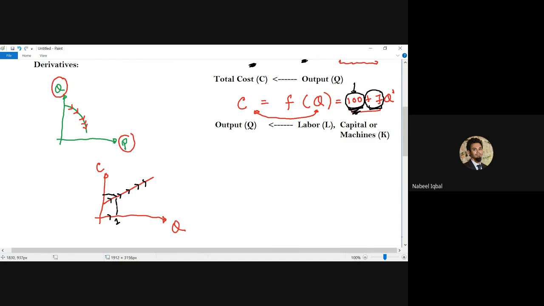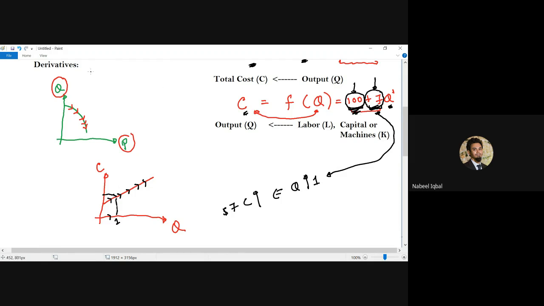So this is only true for linear function, that this number gives us a very interesting piece of information, that if the independent variable increases by 1 unit, then the dependent variable total cost will increase by this amount, $7. So this information is only applicable for linear functions. So that is one benefit of using linear functions.